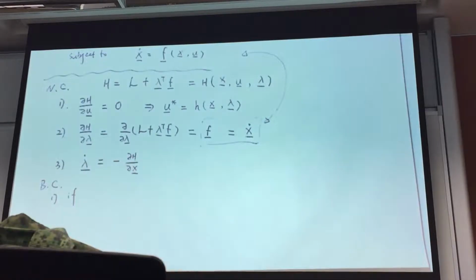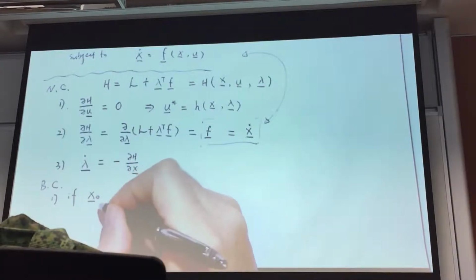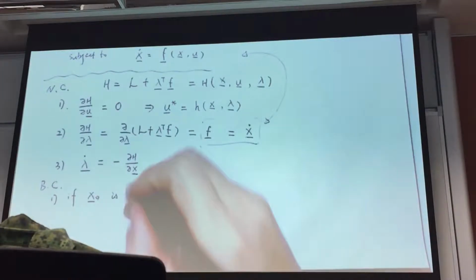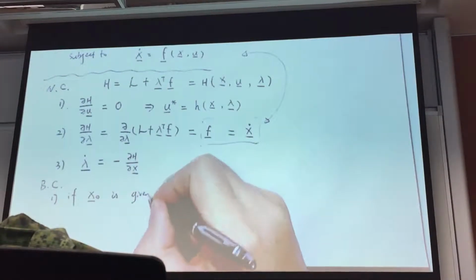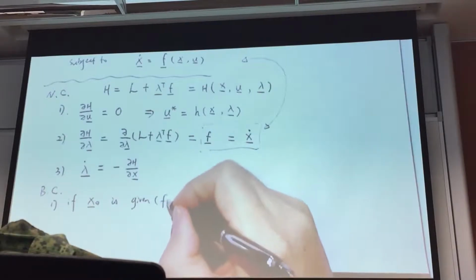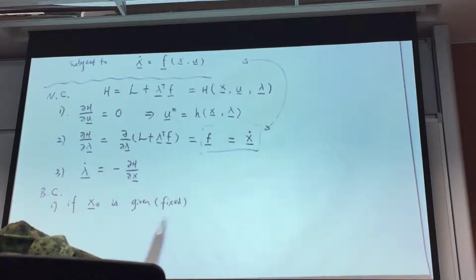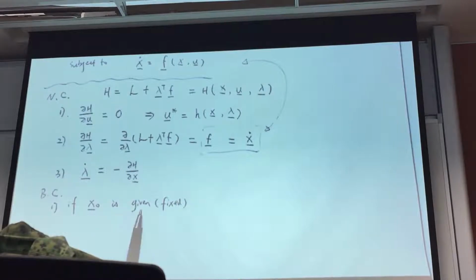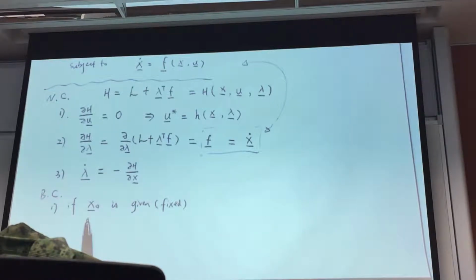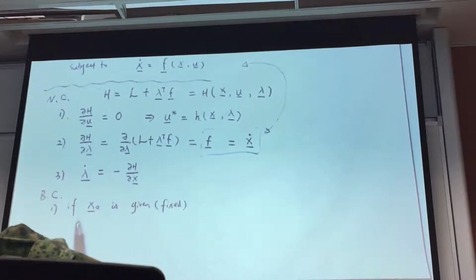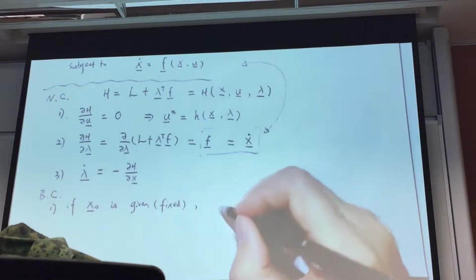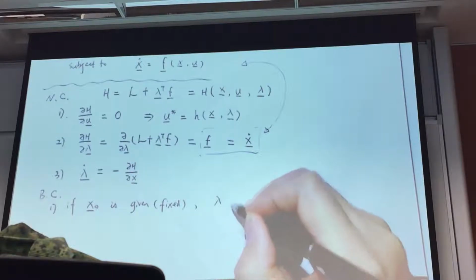The first one is if x0, the initial state, is given. If it's given, it means it's fixed. You cannot change it or perturb the initial state. For example, the initial location and the initial velocity of your vehicle. So if x0 is fixed, then lambda 0 is free.